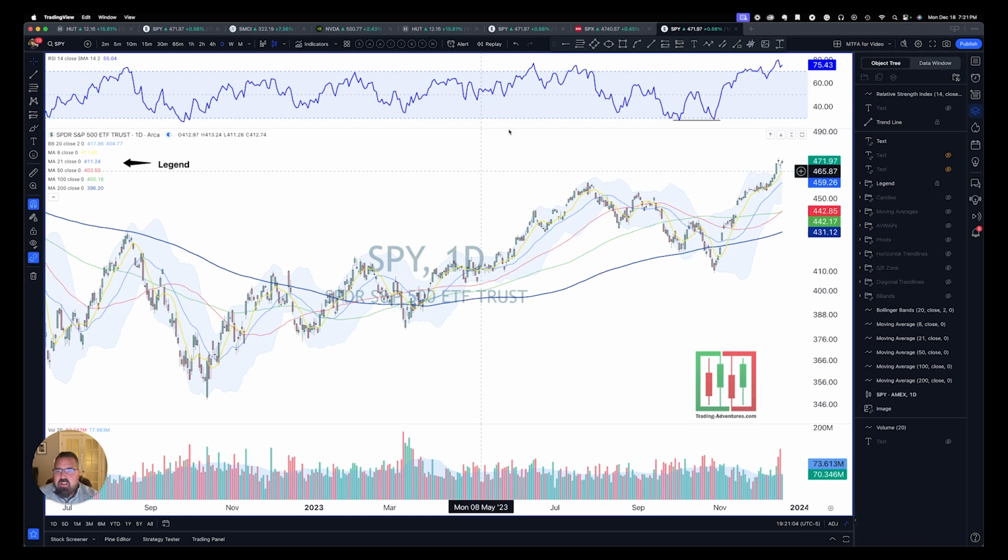So let's dig in and take a look at how I build charts, what indicators I use, and how I read them. And we're going to look at things like candles, volume, RSI, moving averages, Bollinger Bands, anchored volume weighted average price, and pivot levels, trend lines, support and resistance. So that sounds like a lot, but what we really want to do is keep it simple.